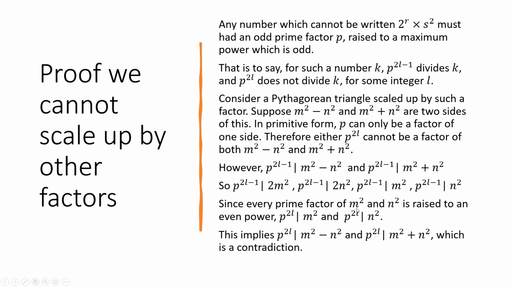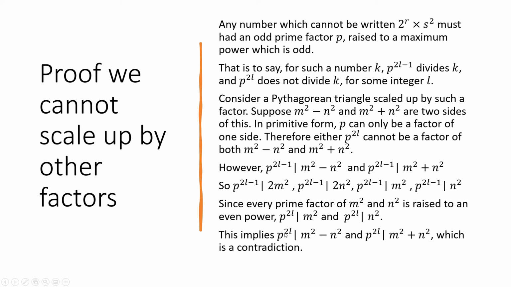But since every prime factor of a square number must be raised to an even power, if I've got p to the 2l minus 1 as a factor, I must be able to go to the next step and say that p to the power of 2l is a factor of both the m squared and the n squared. So I can have the difference of these and the sum of these.